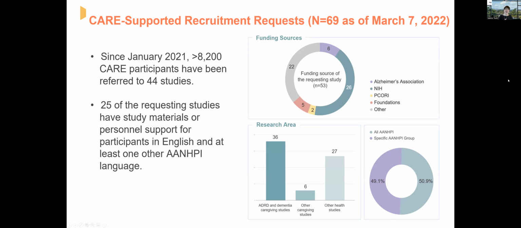Since we started receiving our first completed request in January 2021, as of March 7th, 2023, we have received a total of 69 requests, and we have referred more than 8,200 CARE participants to at least one of the studies, and some participants may get referred for additional studies as well.